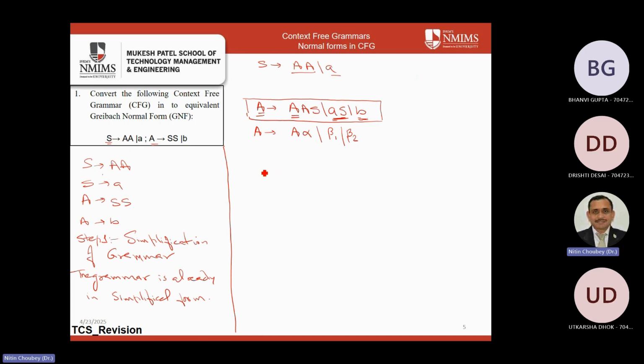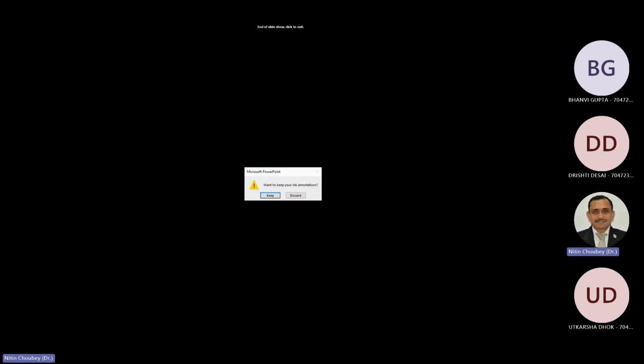Let's go for it. Apply a production removal. So A gives beta, B gives alpha B bar alpha. That means this alpha is what?